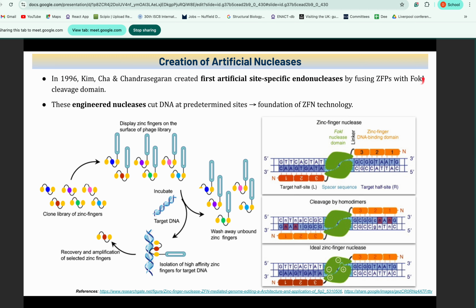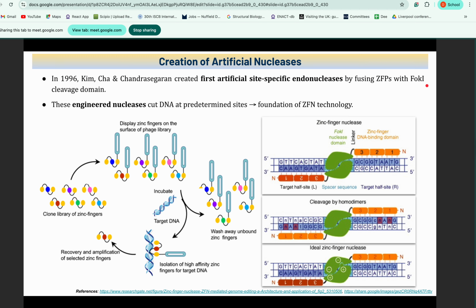They also have a recognition site. But how will they bind to the DNA? For that, we need some domains or motifs in the protein which can recognize the DNA. So to design the artificial nuclease, or the site-specific endonuclease, they fused zinc finger proteins with the FokI cleavage domain.